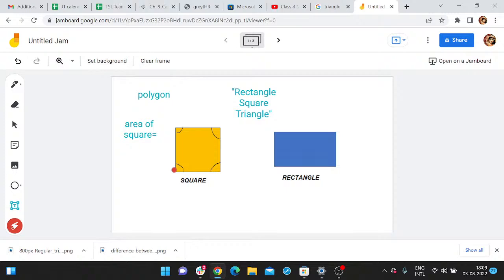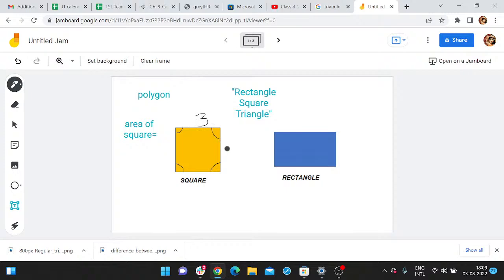Now since every side is equal, you can just multiply the side with itself to find the area of the square. Let me take one example for that. Let's say the side of this square is 3 centimeters.